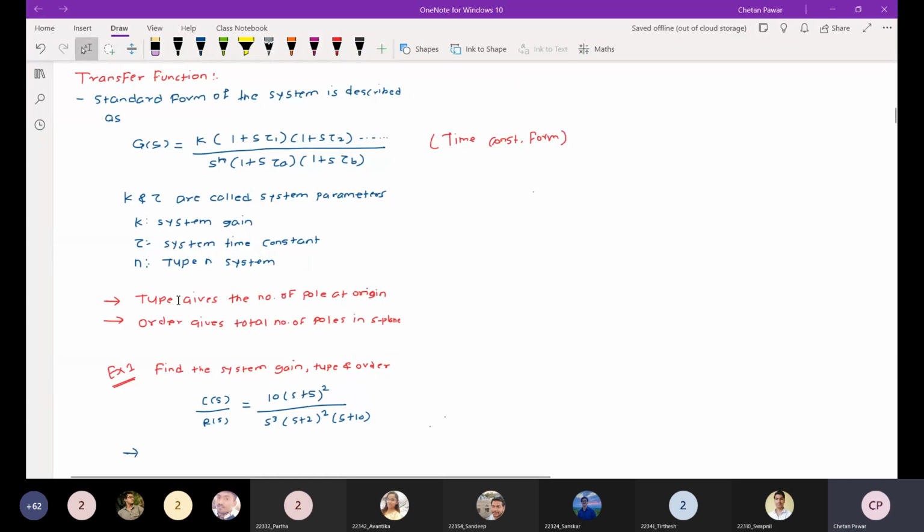Generally, type means the number of poles at the origin, and order means the total number of poles in the S-plane. Here the type is n in this transfer function. So let us consider one example, so you will get the idea about how to find the system gain, type and order of the system.